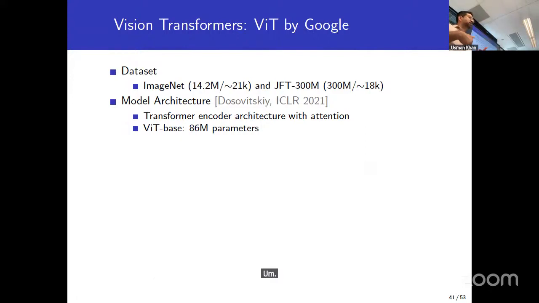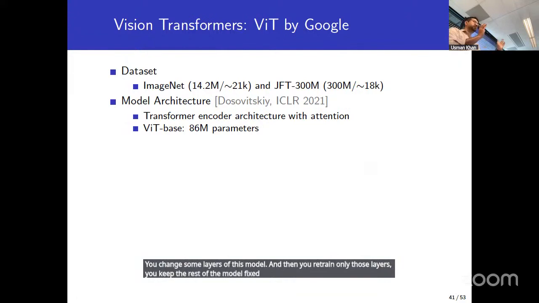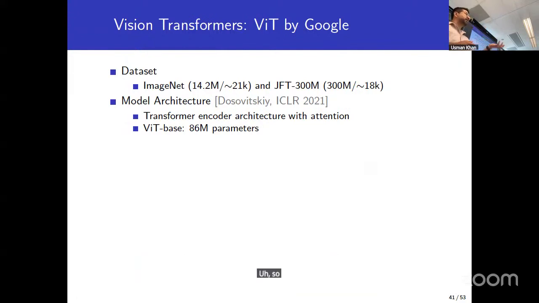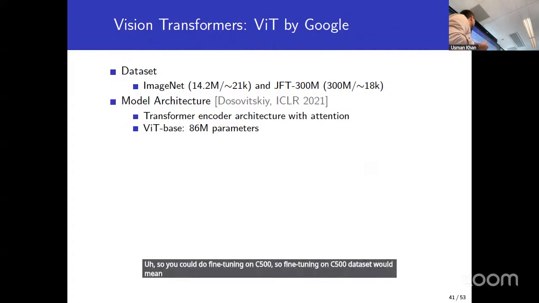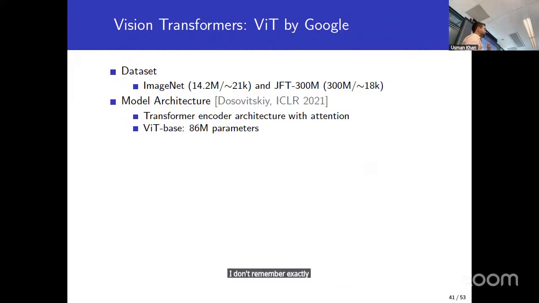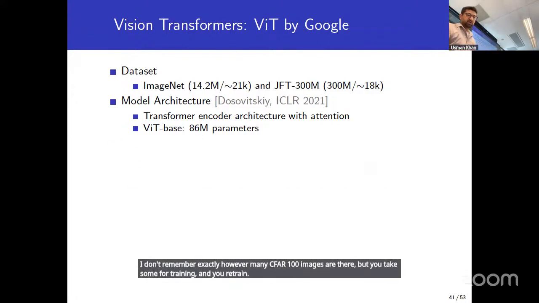What fine tuning does is that you take the new data set, which is CIFAR 100, you change some layers of this model, and then you retrain only those layers. You keep the rest of the model fixed. Am I making sense? So fine tuning on the CIFAR 100 dataset would mean that, I don't remember exactly how many CIFAR 100 images there are, but you take some for training and you retrain a part of the model.